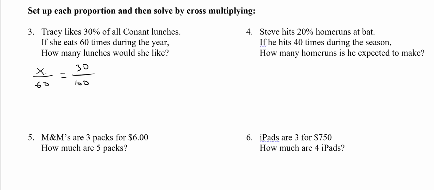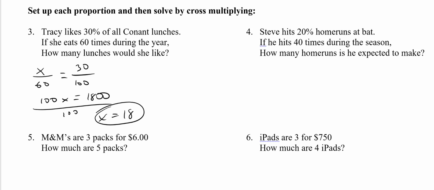So you have to keep the same units on top: lunches on top, and number of lunches she's had on the bottom. Remember, if you mess that up, you're going to get a funky number, and you just know you did the wrong thing. So anyway, cross multiply here, so we get 100x equals 1800, divided by 100, x equals 18.